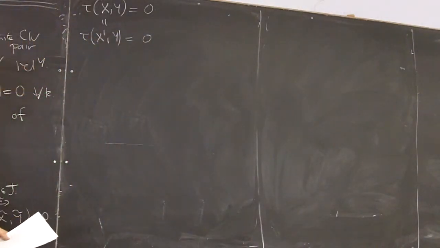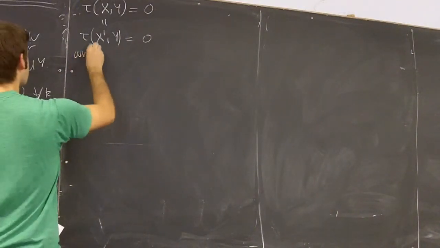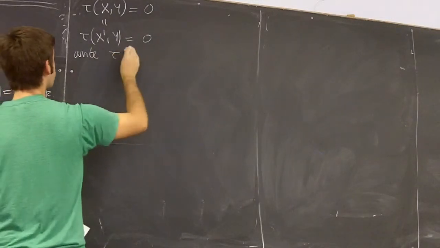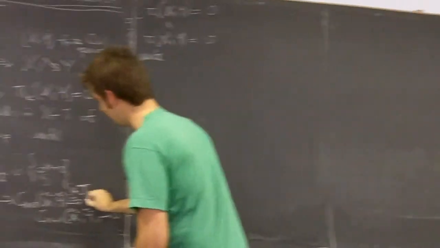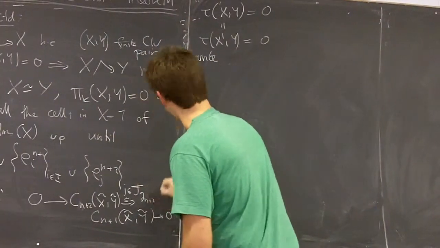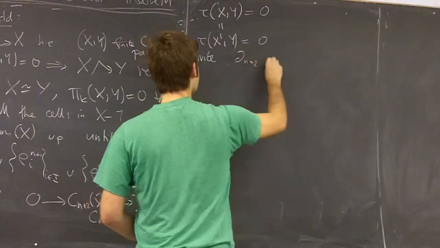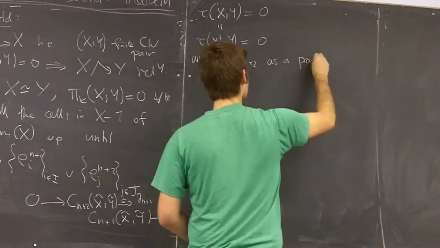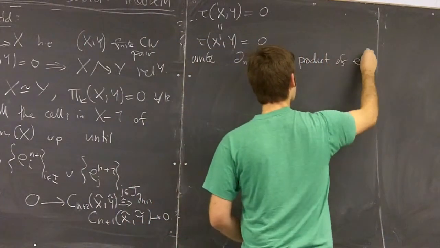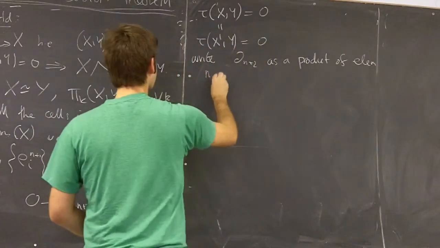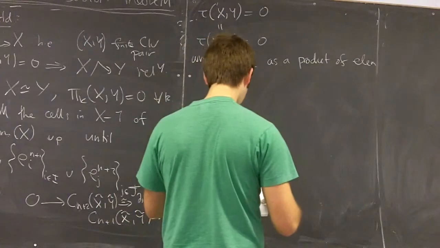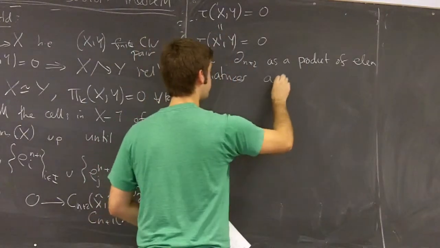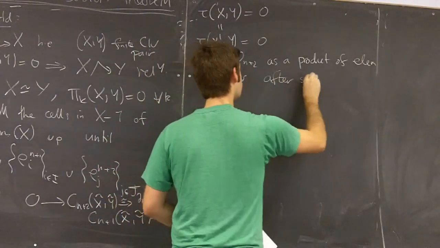And so we can write this as a product of elementary matrices. Well, this is going to be this boundary map here, the n+2, after stabilizing as necessary.